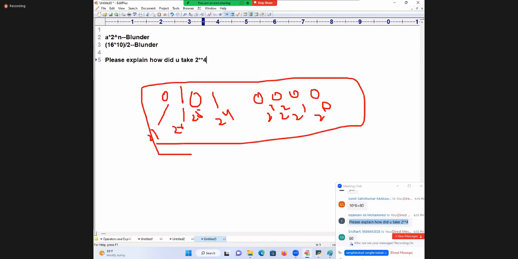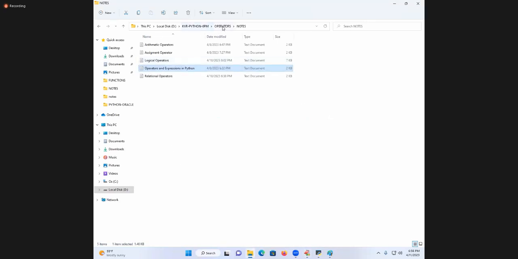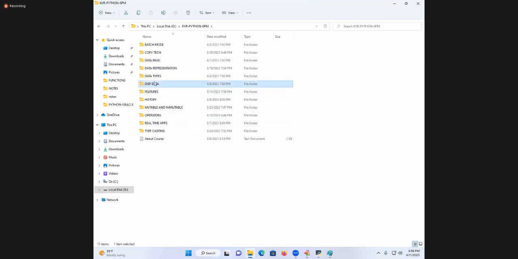I explained it in the beginning days only, at integer conversion time. So 1 into 2 to the power of 6 is 64, plus 2 to the power of 5 is 0, and 2 to the power of 4 is 16. Rest of them are zeros. So this is called what? 80. I explained this in the beginning only, because they think that this is not explained.